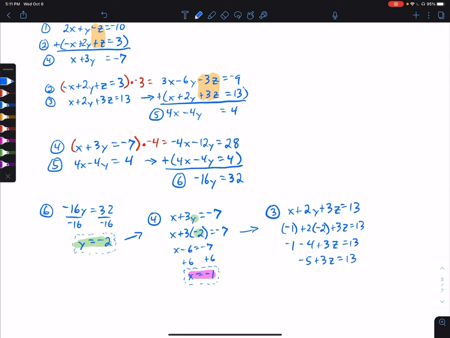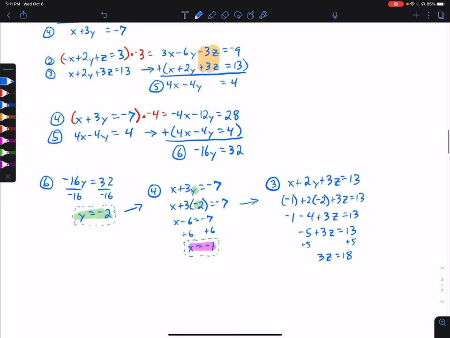Now you'll notice, again, these do take a bit of time to do, but if you follow this procedure, you should get them right every time, as long as you're careful with your arithmetic. All right, watch out for your signs, watch out for your substitution, watch out for your addition and subtraction.